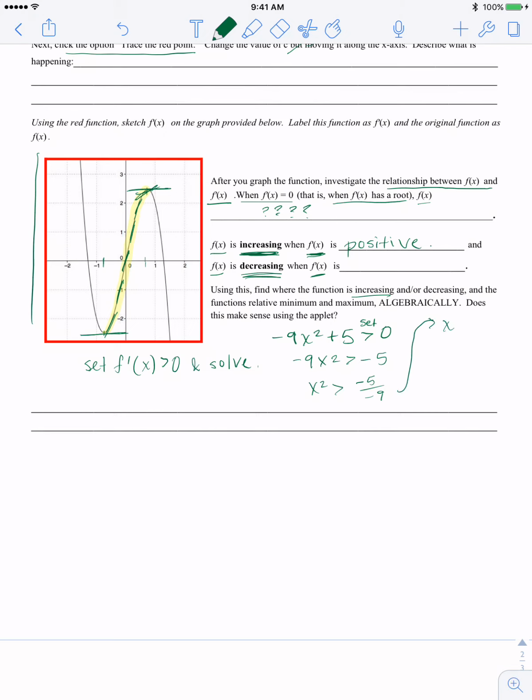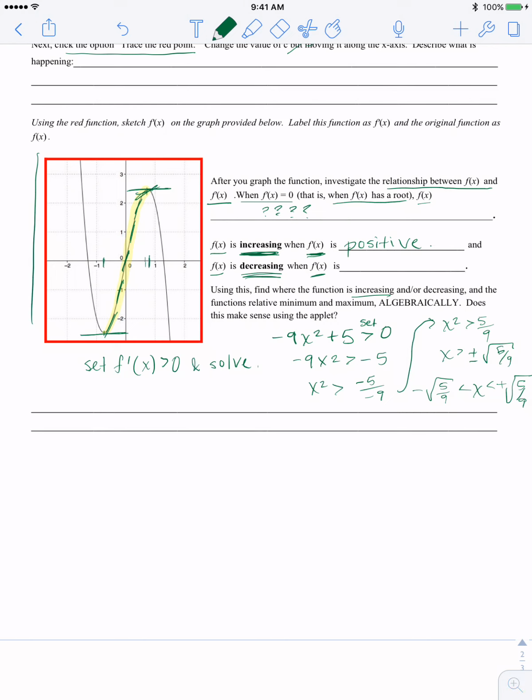So you'll have x squared less than 5/9. So x is between the negative square root of 5/9 and the positive square root of 5/9, which makes sense, right?